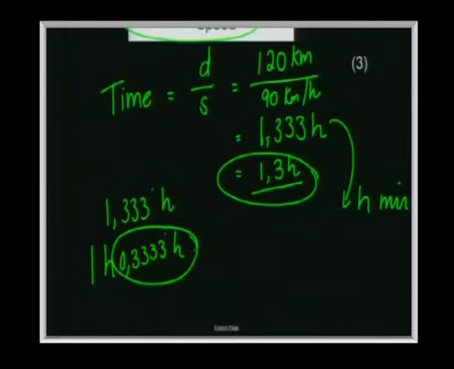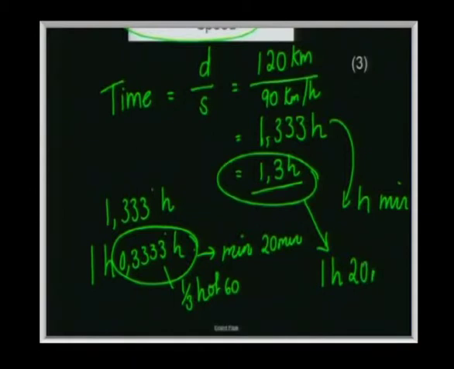And this could be changed to be minutes. 0.333 is actually 1/3 as a fraction. So 1/3 of an hour in minutes, 1/3 of 60 is equal to 20 minutes. So if I had to convert this, I could say instead of 1.3 hours, it would probably be more sensible to say 1 hour and 20 minutes.